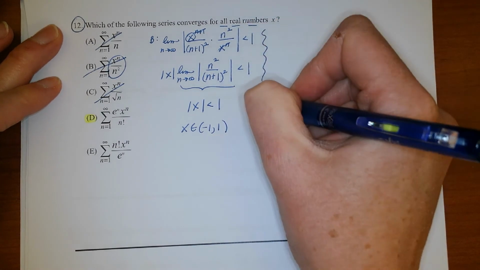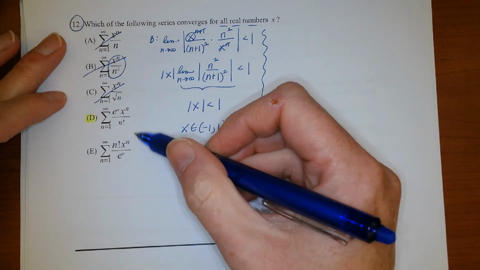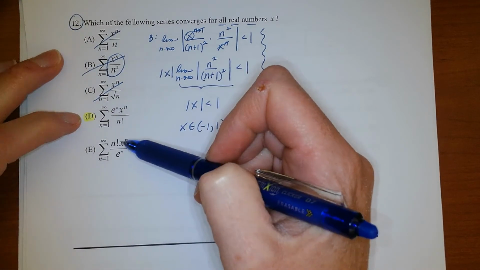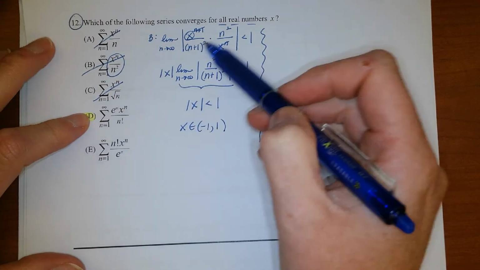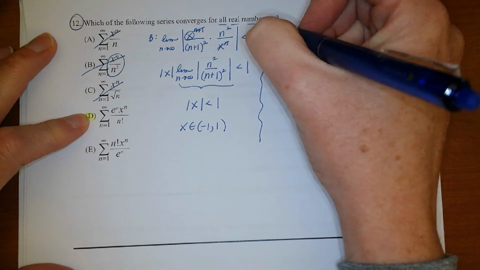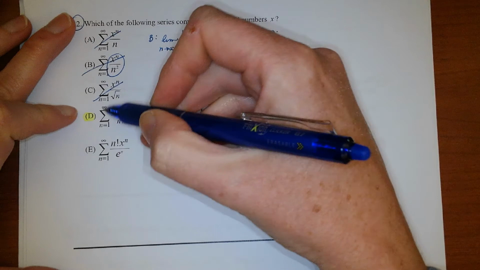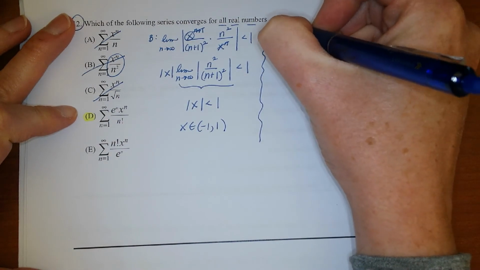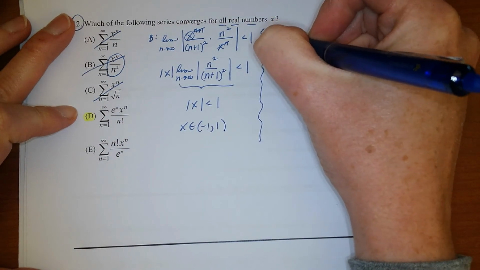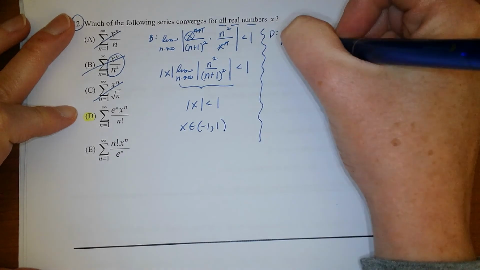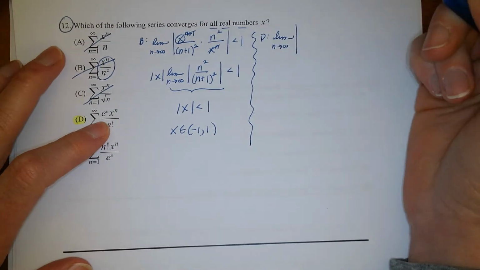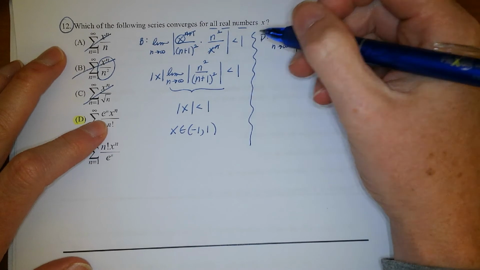Okay. And then, up to you how hard you want to think, but I was just going down the row. So the next one I would check doing this type of work was D, which does end up being the answer. You can see I've got it highlighted there, but even if I didn't know that, I could have just gone down the row and done the ratio test type stuff.